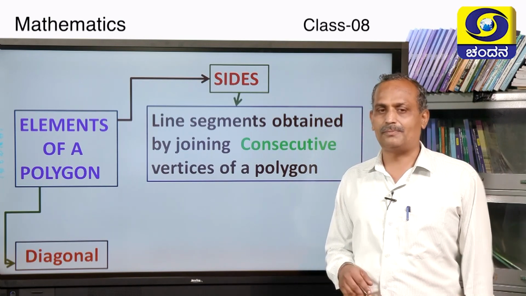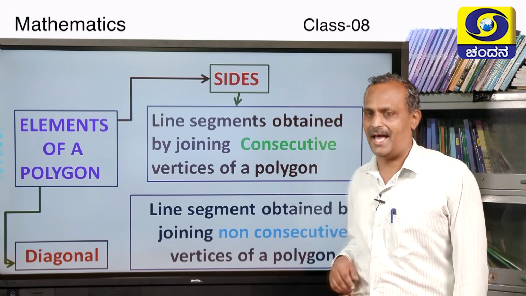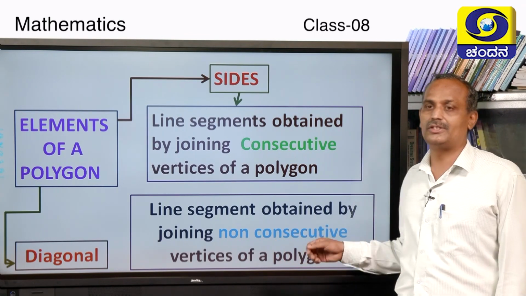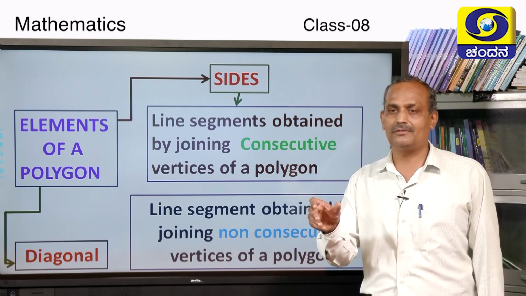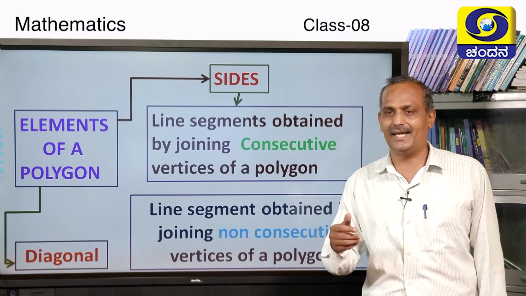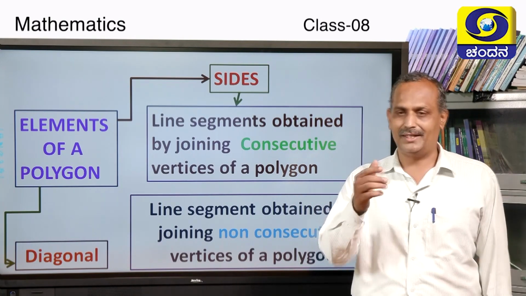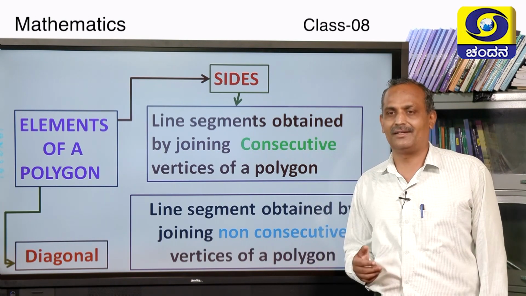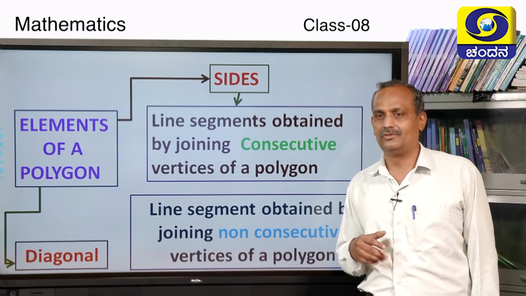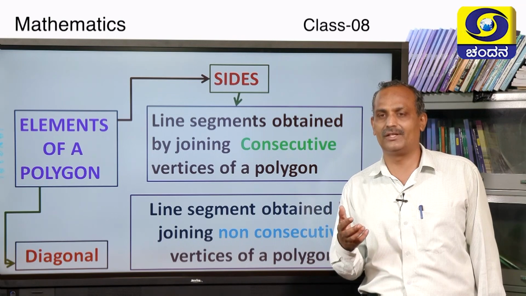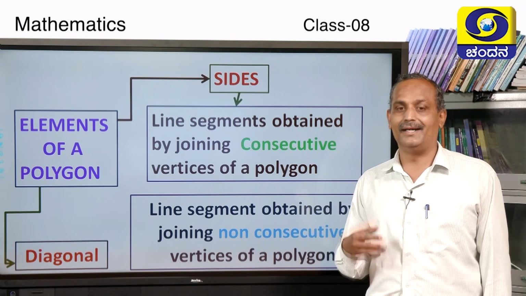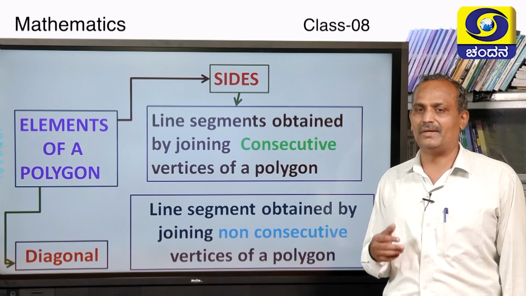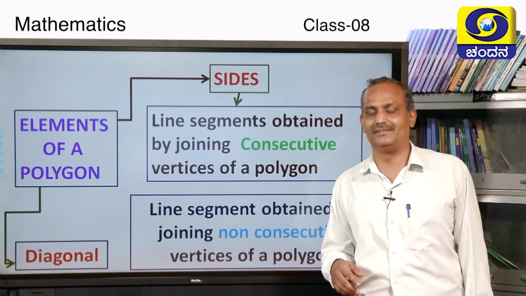We can define a diagonal as a line segment obtained by joining non-consecutive vertices of a polygon. Is it not? Write down the definition in your notebook. We have got mainly 2 elements here, sides and diagonals. Sides are formed by using consecutive vertices of a polygon, and in converse, diagonals we can get by joining non-consecutive vertices. So, let us move further.